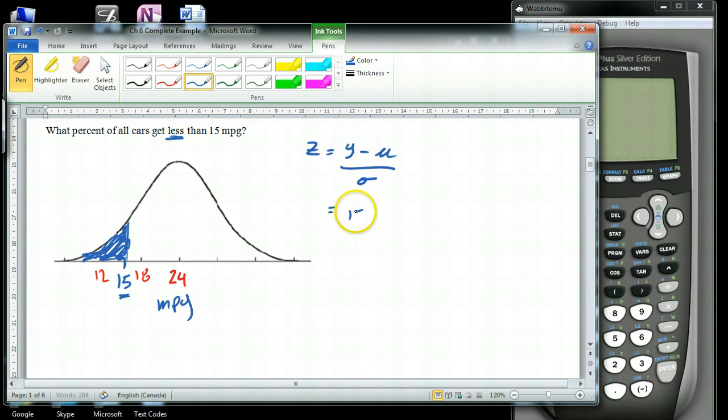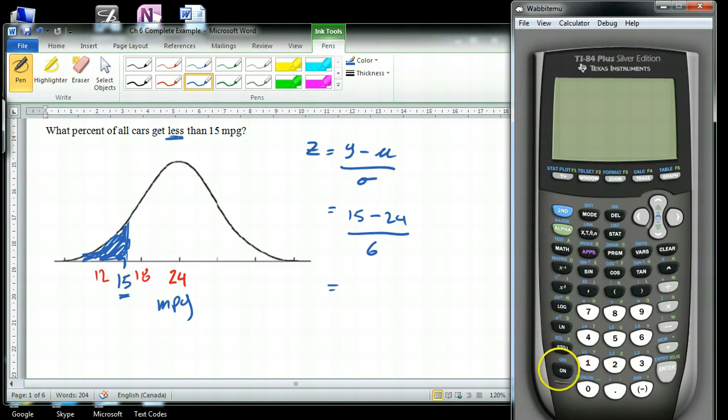So we have 15 minus 24 over 6, our standard deviation. You'll see you get a negative value here, and that's because 15 is less than the mean.